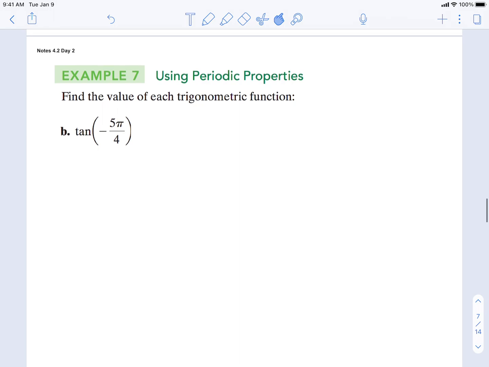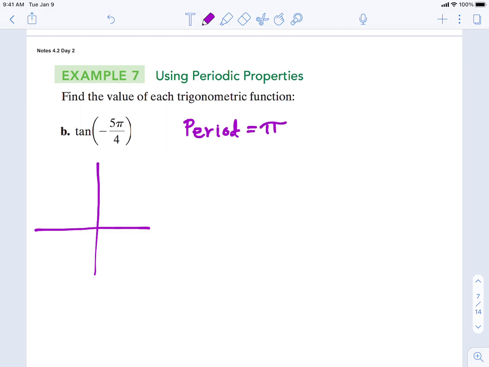Here's another example. The tangent of negative 5 pi over 4. So the tangent function has a period of not 2 pi, but pi. So 1 revolution is a distance of pi.